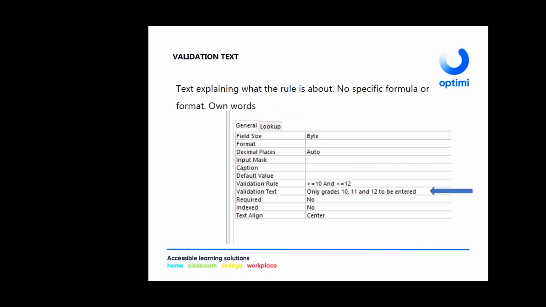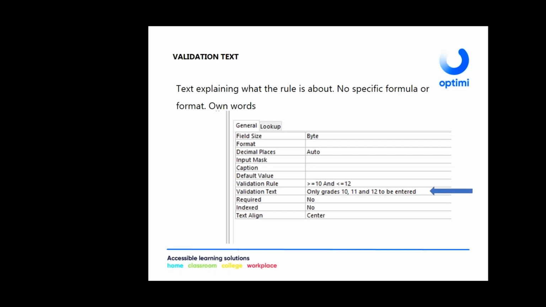Then you need to tell the secretary what the rule is about, because let's say, for instance, the secretary does type in a 9 in datasheet view. Now she will get an error. Remember, she did not design this table, so she will not know what she's done wrong. So you must give her a validation text so that she knows, okay, I can only type in 10, 11 and 12.